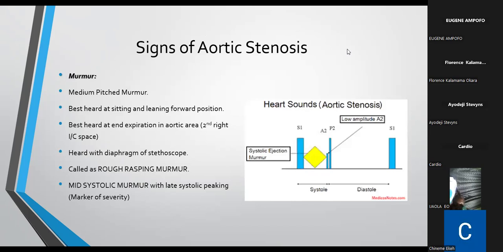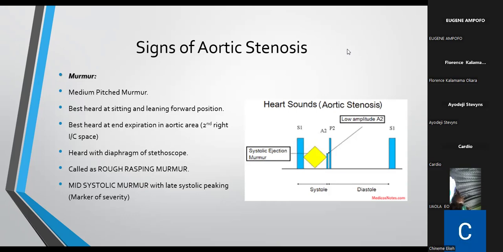This is just about the characteristics of the murmur. The aortic murmur is best heard at the right intercostal space with the diaphragm. It is a mid systolic murmur, with late systolic peaking as a marker of severity.